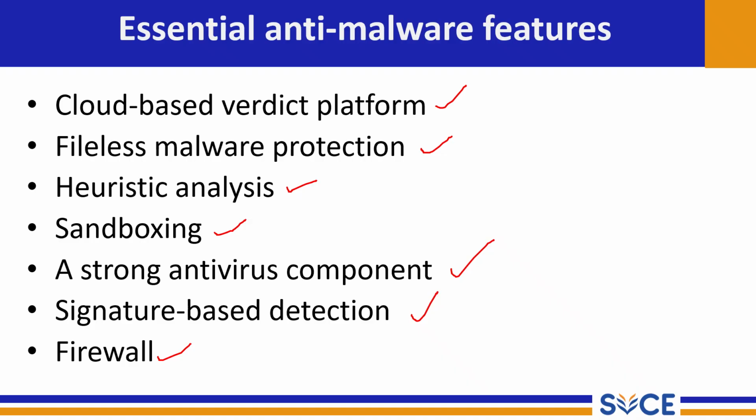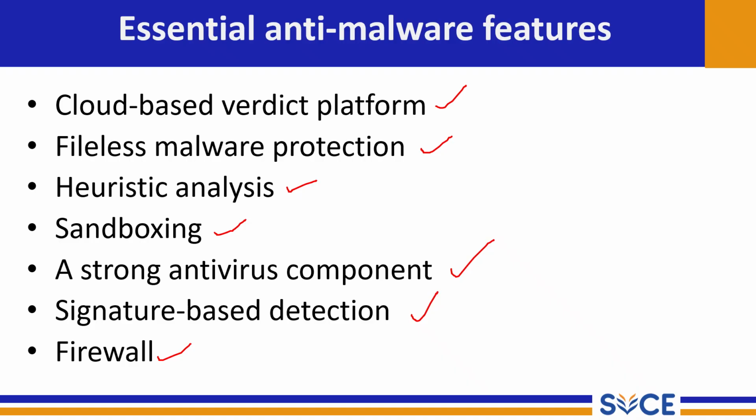So these are some of the malware features we have to protect with, apart from the traditional antivirus software. Okay. So the cloud-based verdict system is where the cyber threat intelligence system relies on a cloud-based verdict platform to conduct real-time analysis of malware attacks. Every malware has its own virus code.